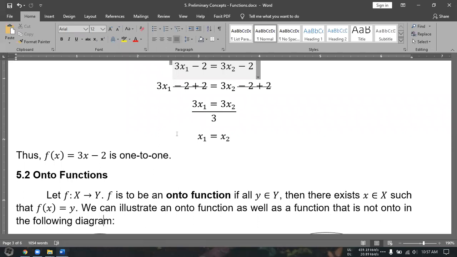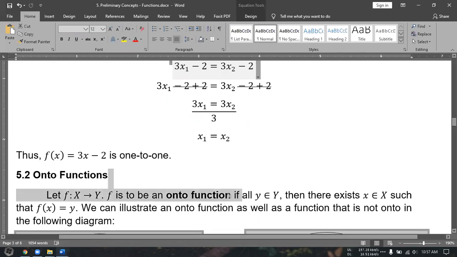So, ibig sabihin lang daw nito, for every value of y daw, there should be a corresponding pre-image. Okay? I repeat. This line, let me define this line.